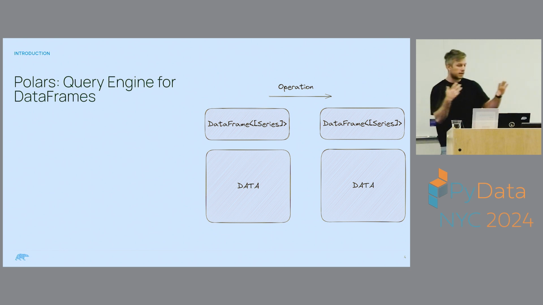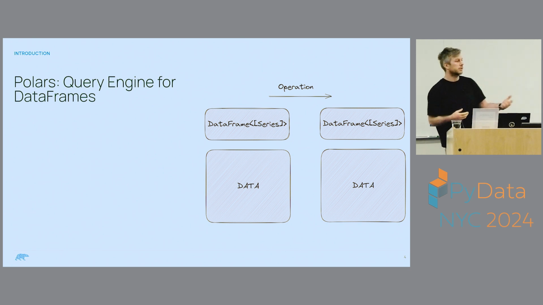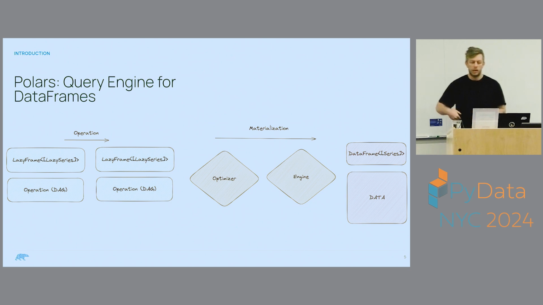But it's very much tied to a data structure. Like if you have a hash map, you can do an insert and extract. But I like to think about data frames a little bit different. We like to think more about the operations you apply to them.